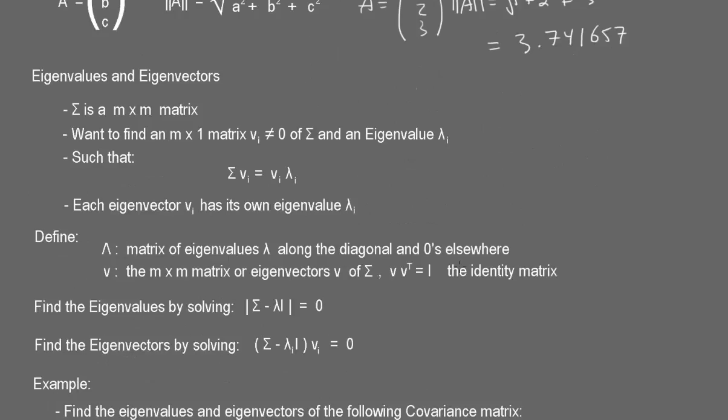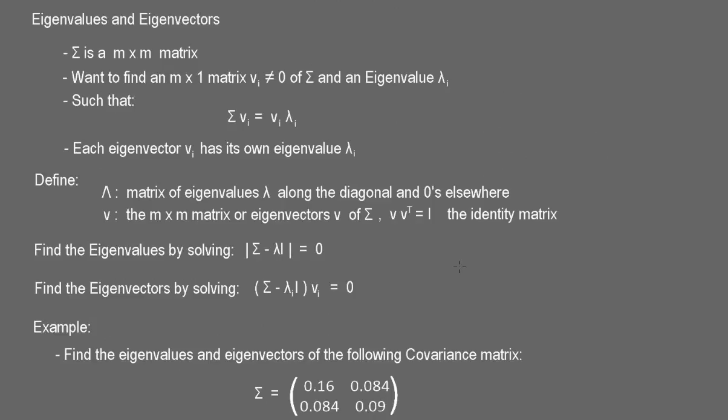Moving on, we'll then cover eigenvalues and eigenvectors. Suppose we have a matrix sigma. This sigma is an m by m matrix, and generally on the exam it will be a covariance matrix or a correlation matrix.